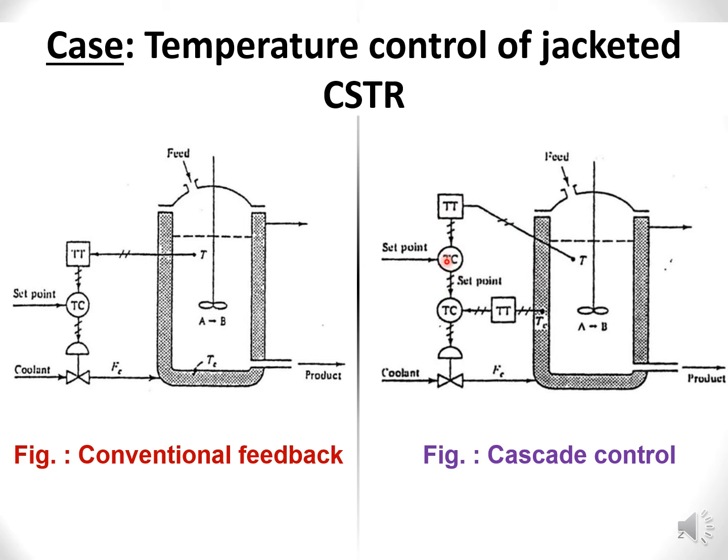In the cascade control system, that is the set point for what we call the secondary loop, and this is called the primary loop. The system is the same, the manipulated variable is the same, the measurement is the temperature, and another measurement is for the jacket, which is also measured.